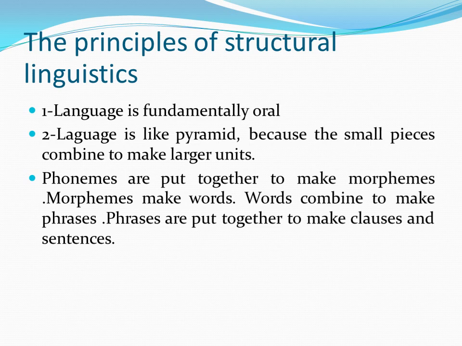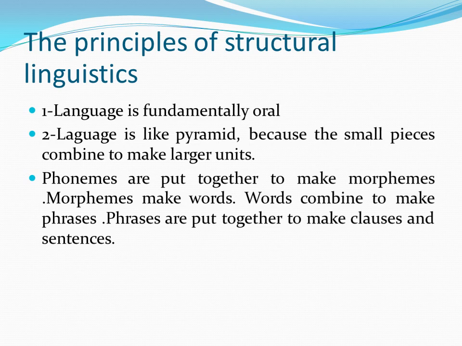This is number one. Number two, language is like a pyramid because the small pieces combine to make larger units. What's meant by this? In structural linguistics, language is described as a system of structurally related elements for the coding of meaning.